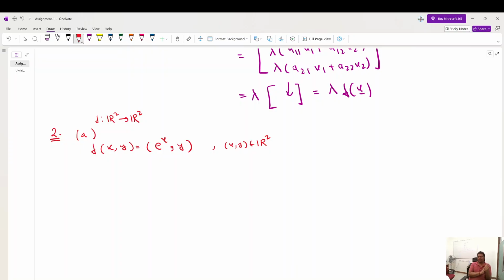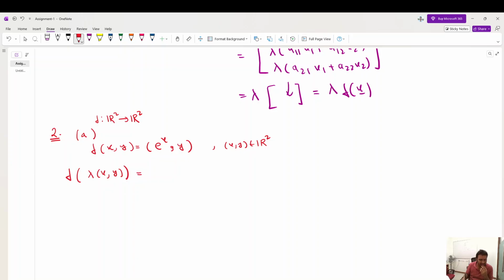Let us see how we can proceed. There are two properties: one is the addition one, another is the scalar multiplication one, like lambda times x.